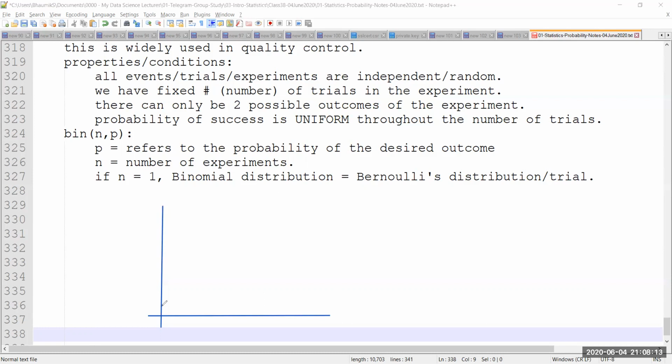Let's say I have created this as 0.1, 0.2, 0.3, 0.4, 0.5, 6, 7, 8, 9, 10. Probability can range from 0 to 1. In this case, this intersection is 0. I'm not saying that for all cases, just in this case. And then on X, I have the number of trials.